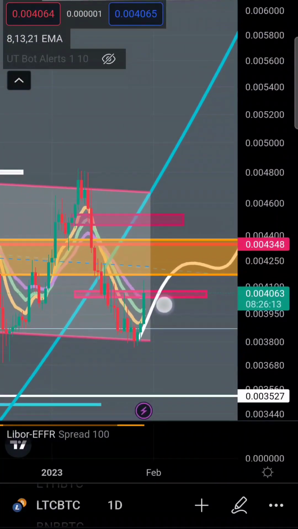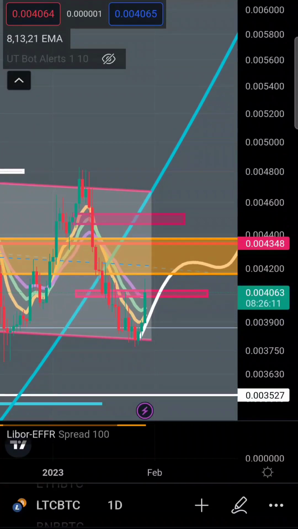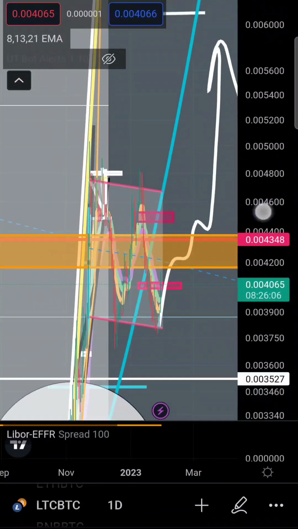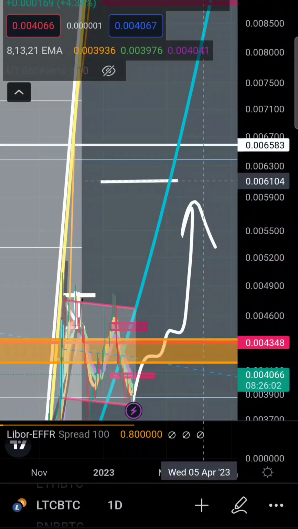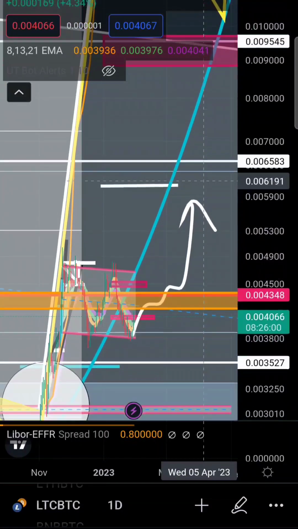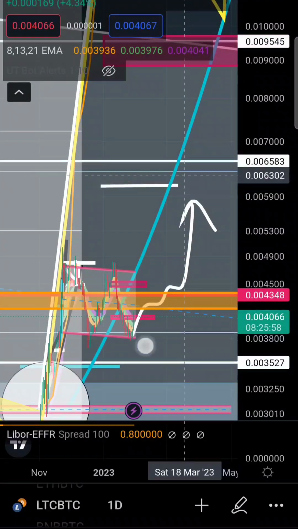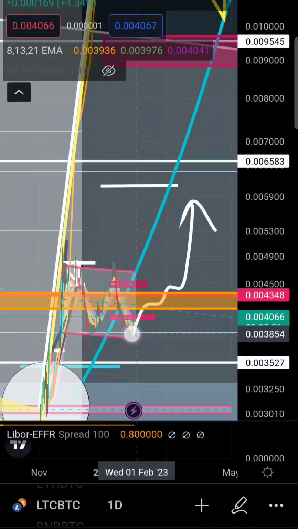We're at 0.004063 BTC right now, and we have a potential to go up to 0.006104 on this next move, as long as this area right here, as long as we keep going up from here.